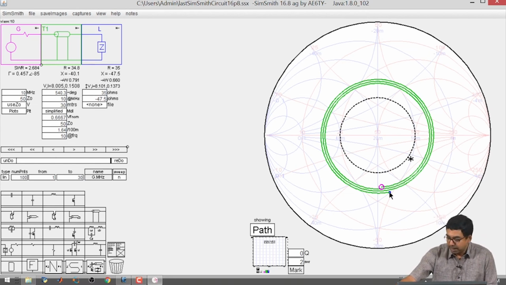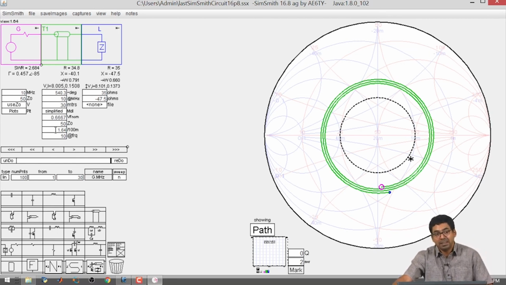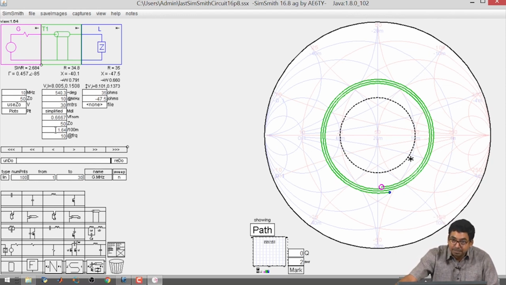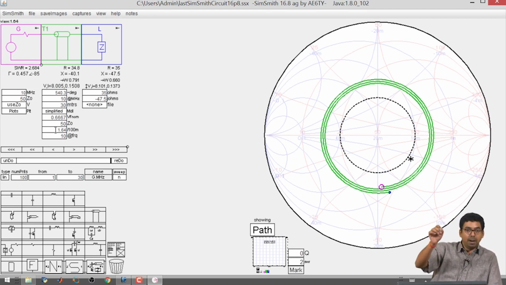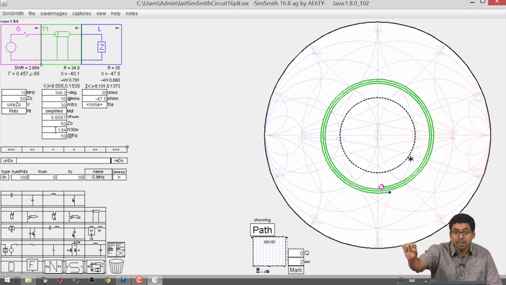Now, one of the things that I noticed when I did this by default is, instead of cutting the same circle again and again, it is spiraling inwards. In this case, the spiraling inwards is happening because of the loss in the transmission line. The transmission line is lossy, and if it is lossy, okay, in the Smith chart, with every 360 degrees you are going to keep spiraling inward, inward, inward, etc. Alright, and finally you will reach the center.